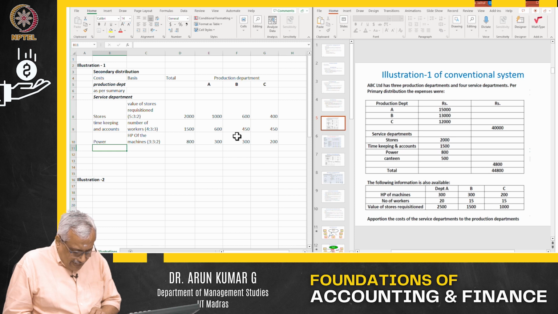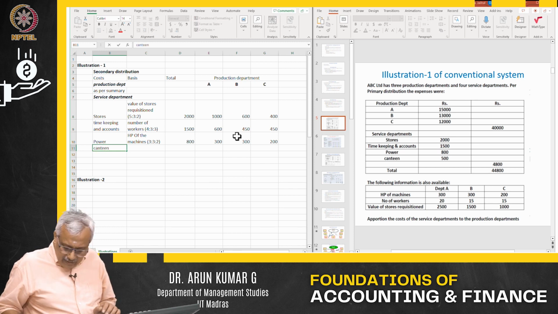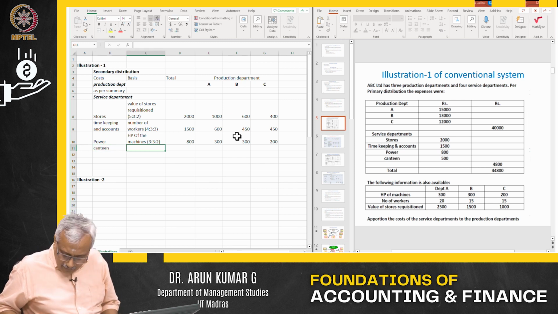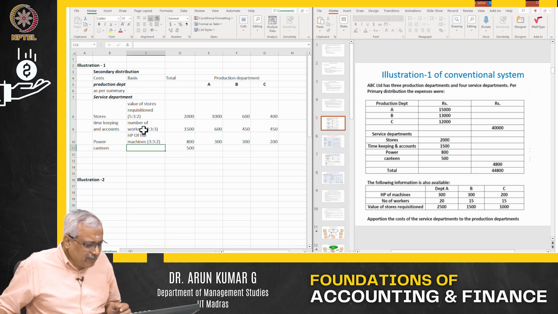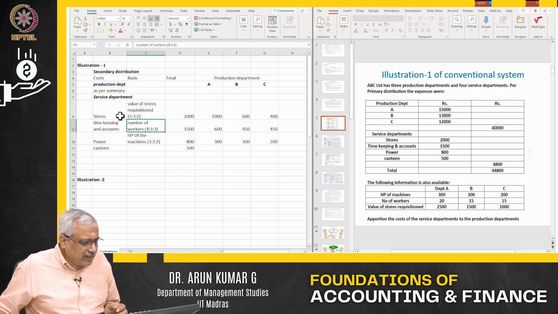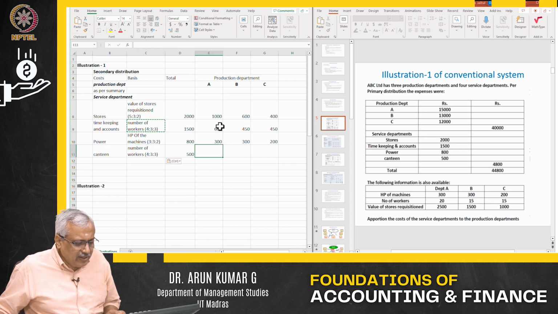Then I say canteen. The canteen here is about 500. It is only going to be on the basis of the number of workers, so I am going to use the same logic in this case.